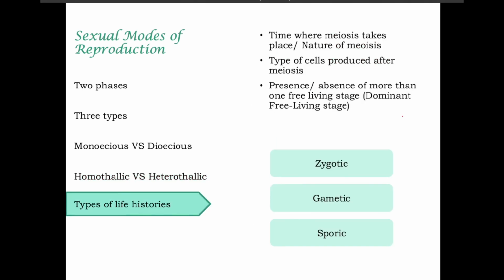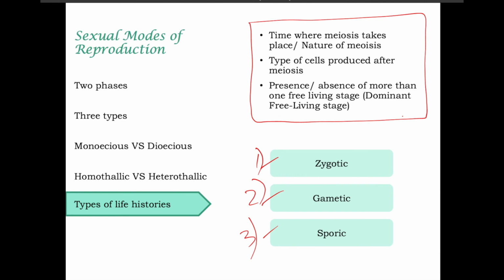Now, for the last part of your sexual mode of reproduction, in terms of types of life history, there are three. Okay, so we have the zygotic, the gametic, and the sporic. Now, I want you to examine these three carefully on the basis of these factors right here. Usually, these types of life history under the sexual modes of reproduction are classified based on these three criteria.